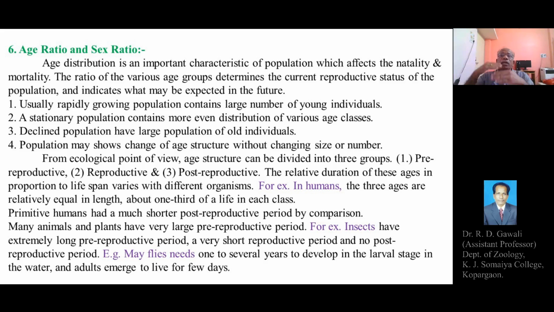So this is just a transformation of the members of each age group, while the population size or number remains constant.